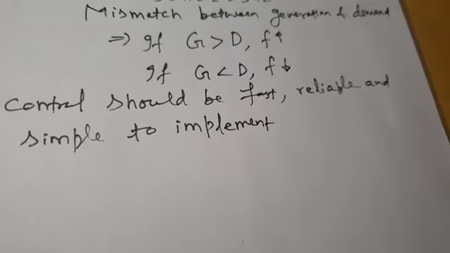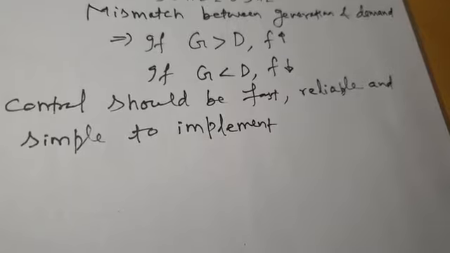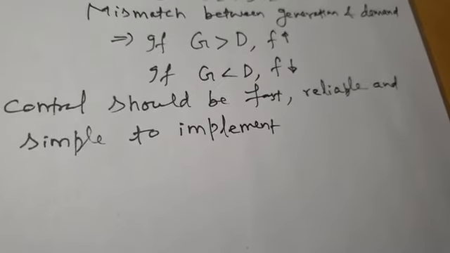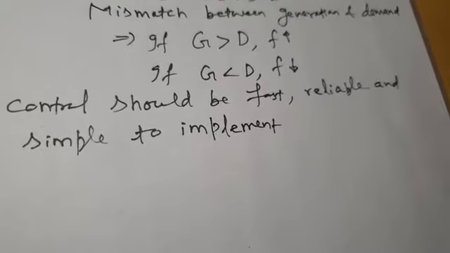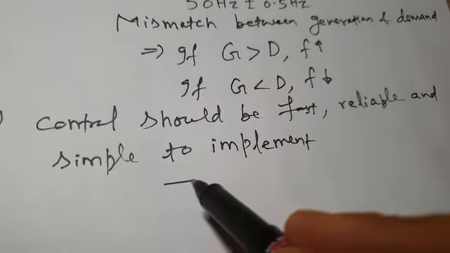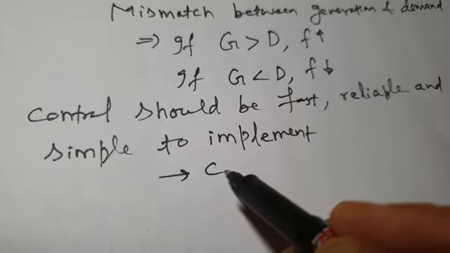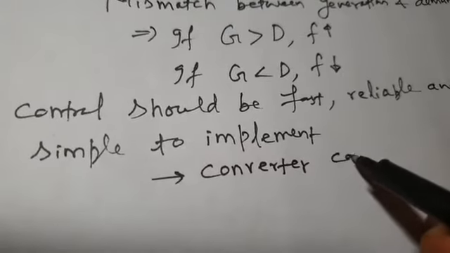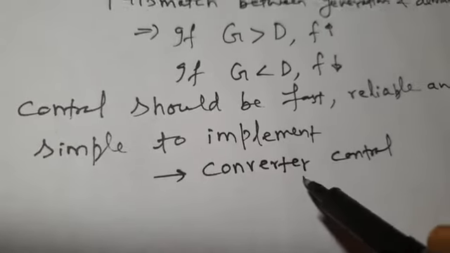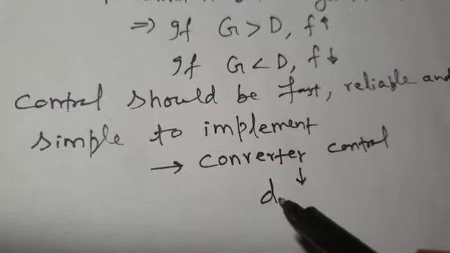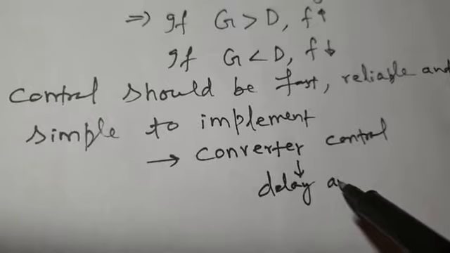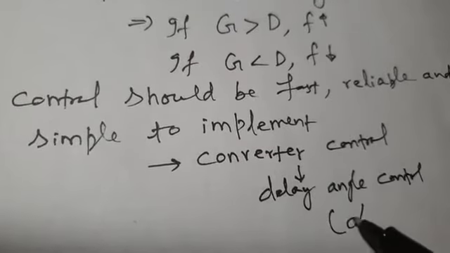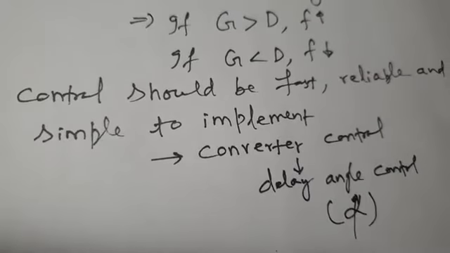One is a controller which involves mechanical elements, and another is a controller which is purely electronic in nature. For example, the electronic control means converter control. The converter is controlled by delay angle control or firing angle control. That is, alpha is varied, alpha control is exercised.